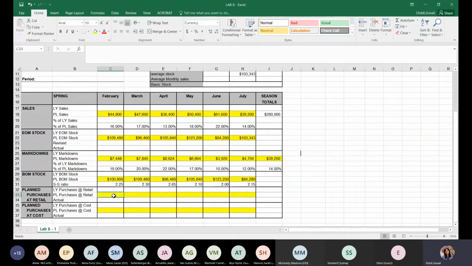So for planned purchases at retail, as we discussed in class, it's going to be sales plus EOM plus markdowns minus BOM. So planned purchases at retail is going to be sales plus EOM plus markdowns minus BOM.